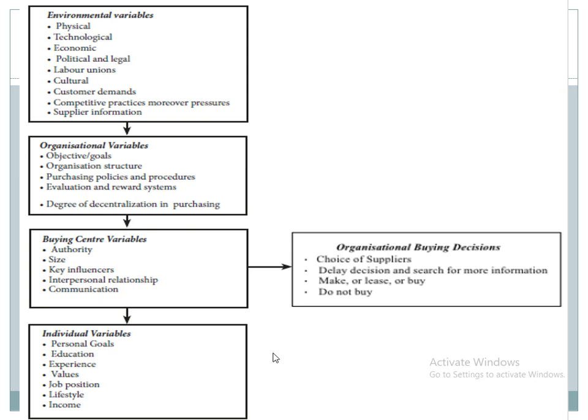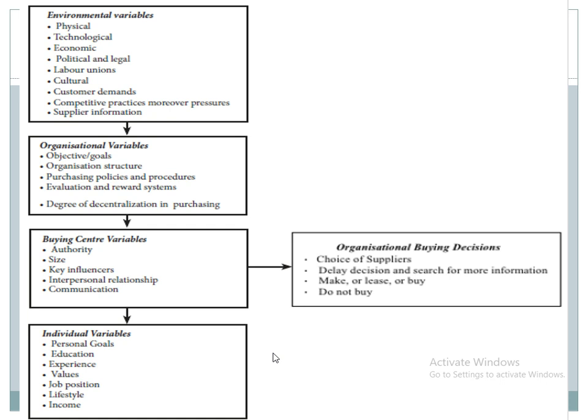buying decision making process. So that's why we have seen what we understand by individual variables, what is the buying center, then what are the organizational variables and so on. The environmental variables include physical, technological, economic, political, legal, labor unions, cultural, customer demands, competition, and supplier information.